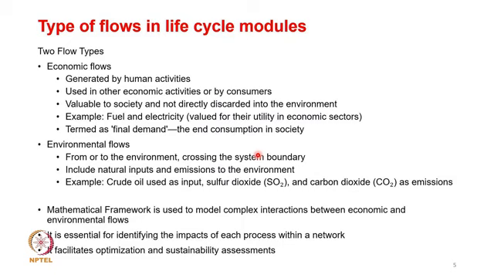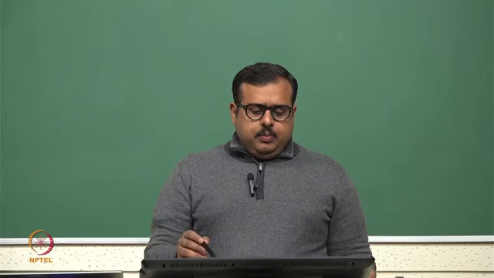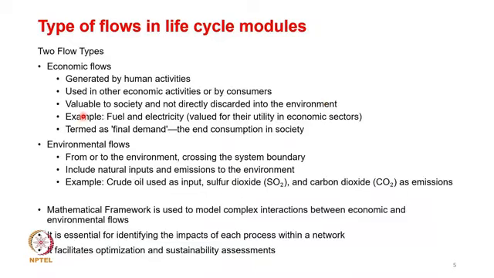Again, don't lose the big picture. We are interested in quantifying sustainability of a process by means of footprint assessment. And once it is done, you can include this metric in the process design. For every process unit, you could identify two sorts of flows: one flow relating to economics, one flow relating to the environment.